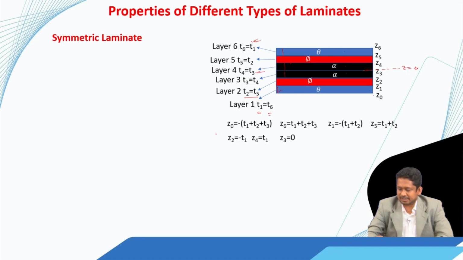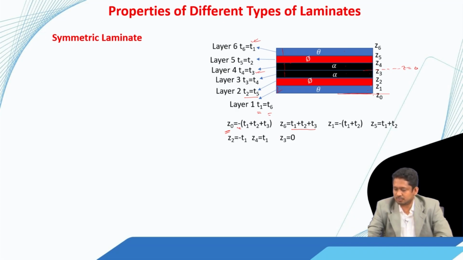Now, if we define the Z's in terms of these thicknesses, then Z0, the bottommost portion, is T1 plus T2 plus T3 but with a negative sign because it is below the Z equal to 0 line. Similarly, at the topmost portion, Z6 is T1 plus T2 plus T3.